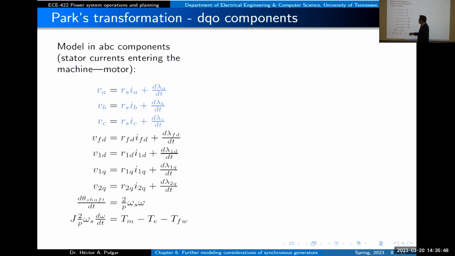This is just physical: voltage at the terminal in the stator, voltage drop due to the resistance in the three windings in phase A, B, and C, plus an internal induced voltage related to the flux linkage. How do we transform this? All of these equations are referred with respect to the rotor. These are stationary with the rotor. These are not. So the transformation is applied to this part of the model.